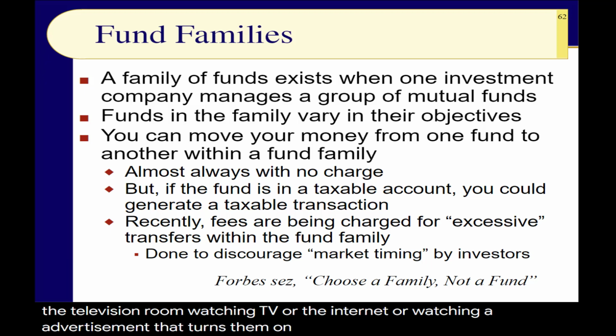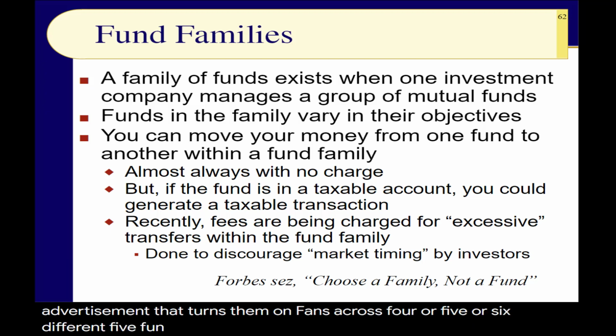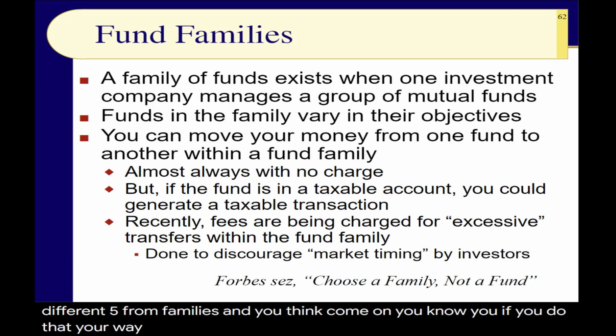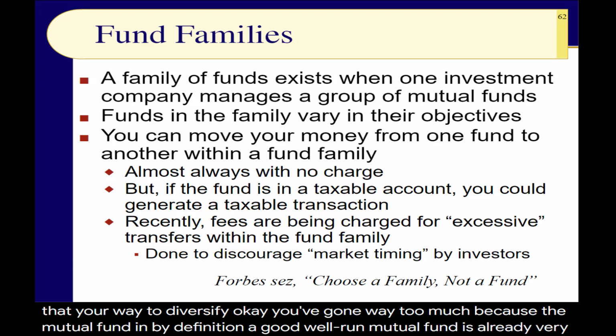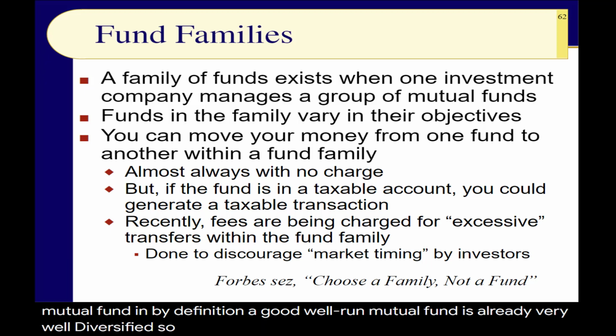They'll have 17 mutual funds across 4 or 5 or 6 different fund families. And you think, come on, if you do that, you're way too diversified, okay? You've gone way too much because a good, well-run mutual fund is already very well diversified. So choose a family, not a fund.